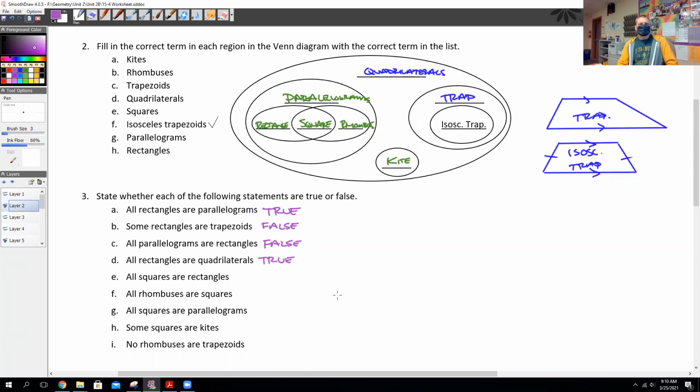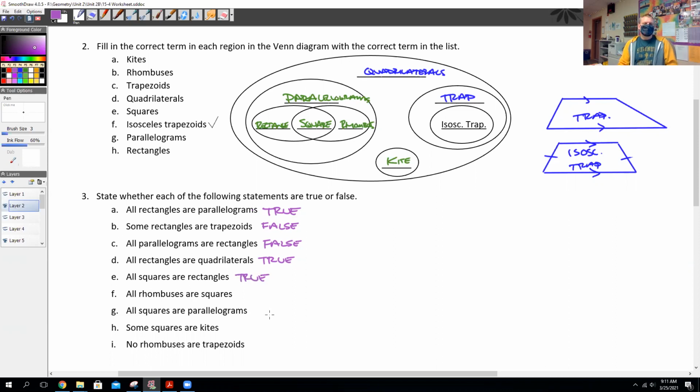All squares are rectangles. Are all squares rectangles? What do you guys think? Rectangles just have to have all angles be right angles, right? So are all angles in a square right angles? That would be true.